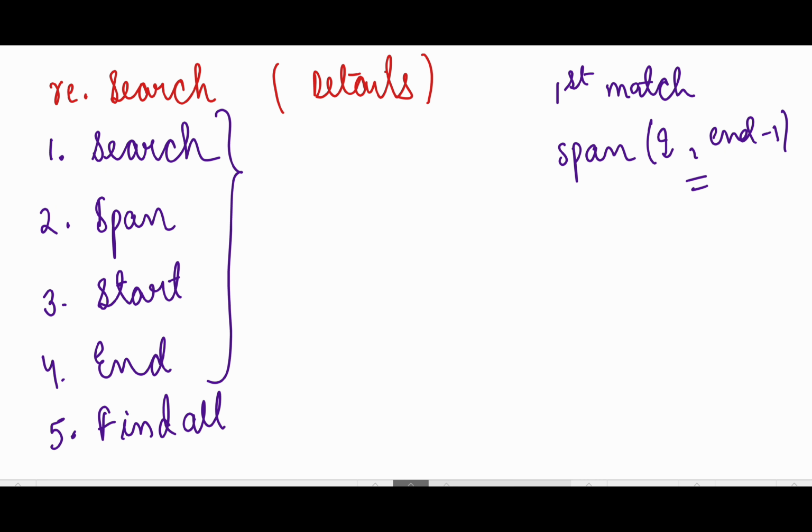Please keep a note of all these keywords that we are using. It is very important to remember them because we will be using them. So finditer. We did search, we did span, start, end, and now we did findall. It gives us all the occurrences of a particular thing, and finditer is basically used to iterate over all the matches that we have found.